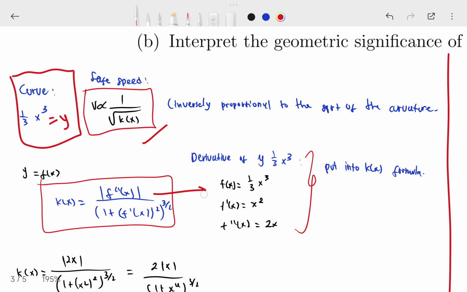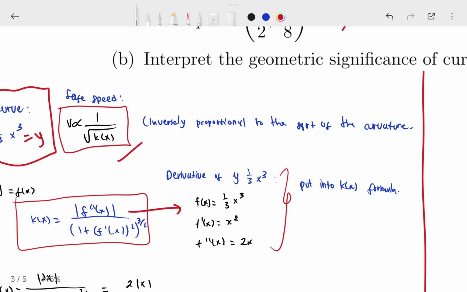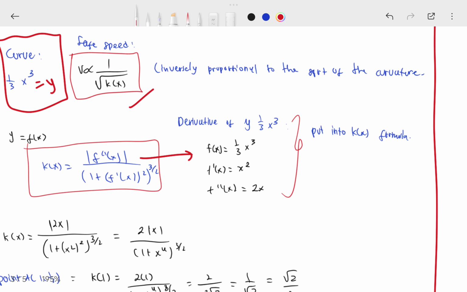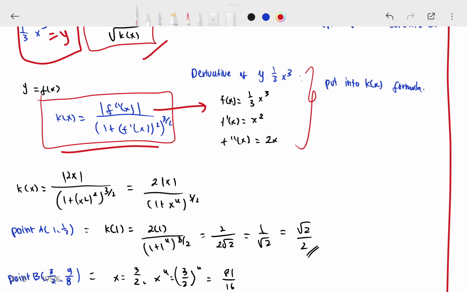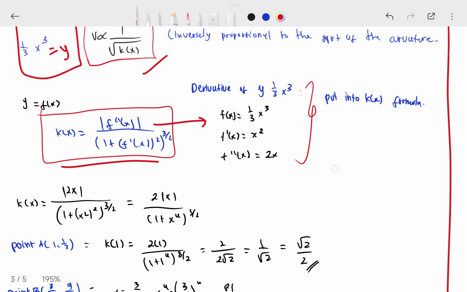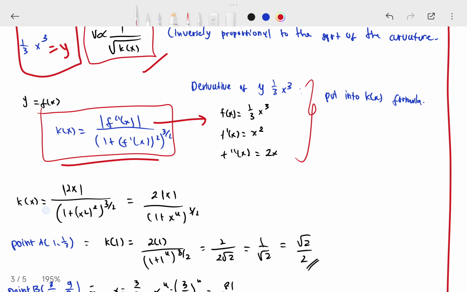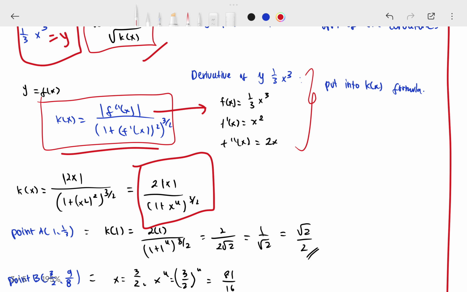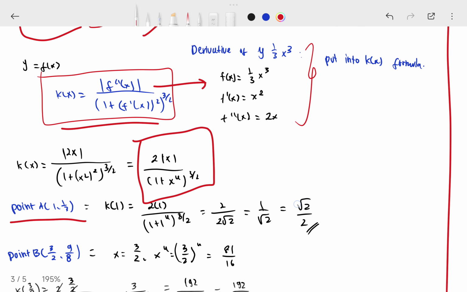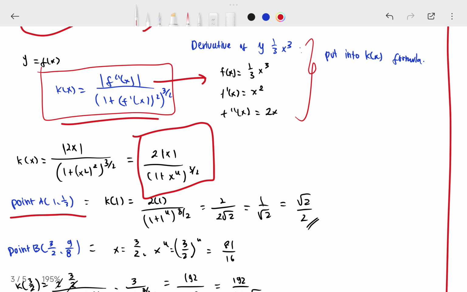After we find the first and second derivatives of y, we put them into the k(x) formula and compute it, then input the points. For point A, x becomes 1 and y becomes 1/3, but there is no y in the formula, so we just operate on x and get square root of 2 over 2.